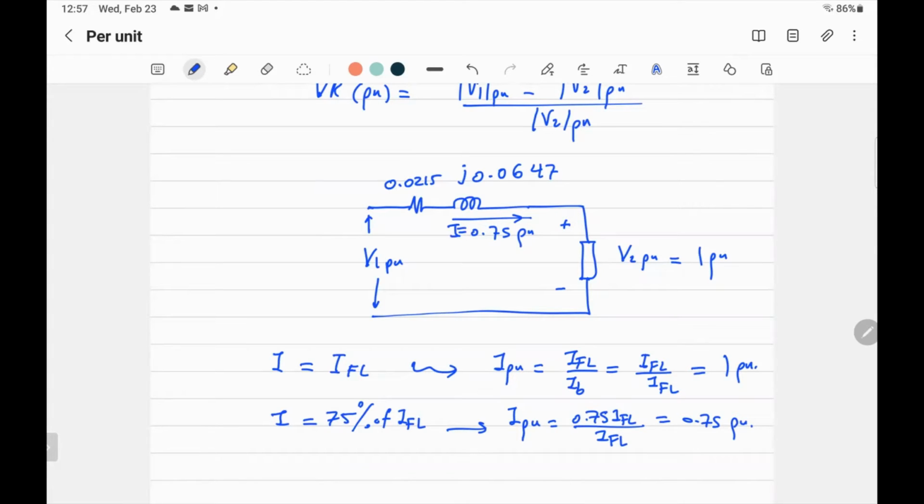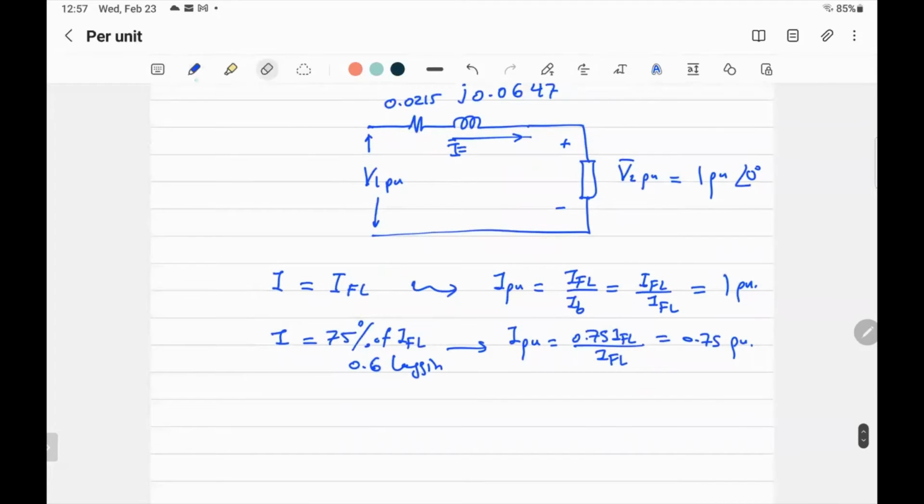So that's the current. Look at the circuit now, it's very simple. You have voltage equal to 1 per unit at angle 0, taken as the reference, and the current is 0.75 per unit, but we still have to find the angle, from the power factor. They said the power factor is 0.6 lagging, so I have to fix not only the magnitude but also the angle. Phi will be negative because it's lagging: cosine inverse of 0.6 gives negative 53.13 degrees.